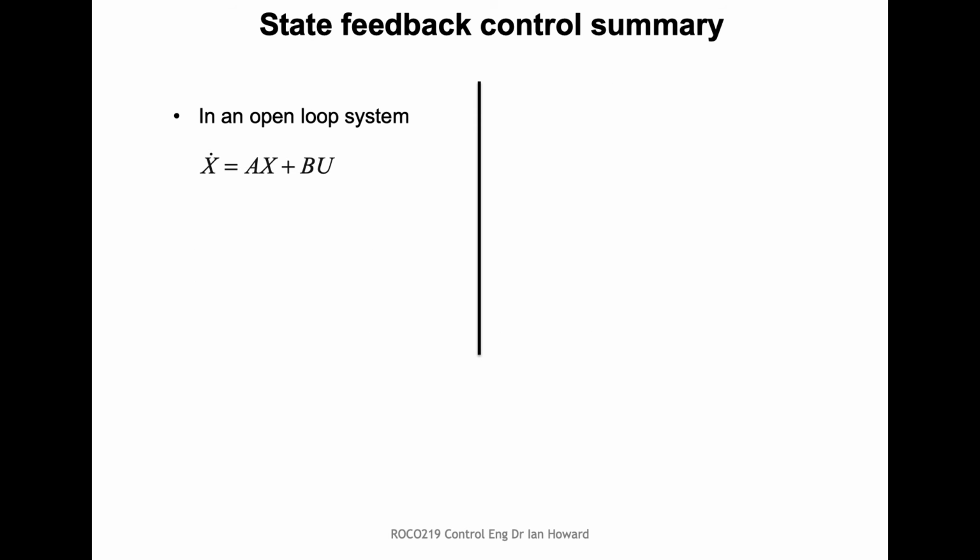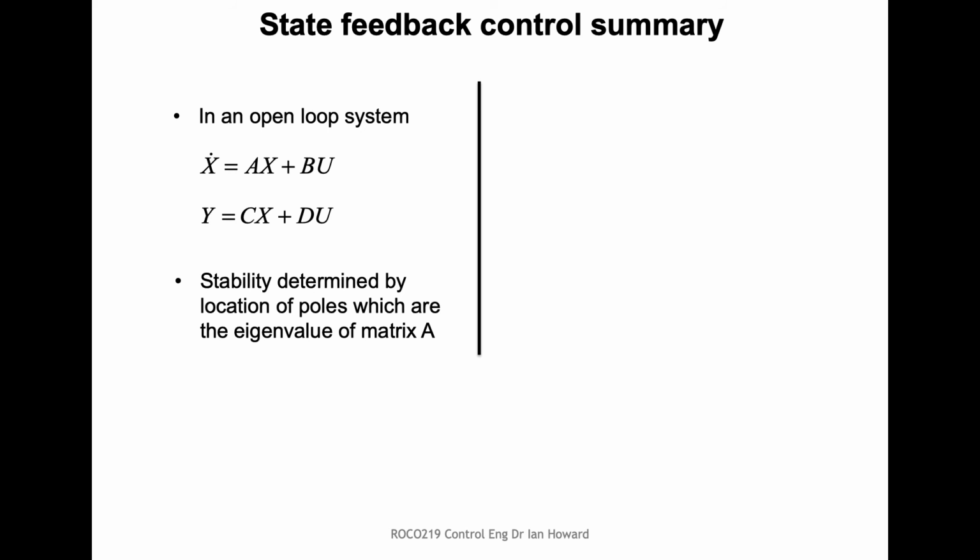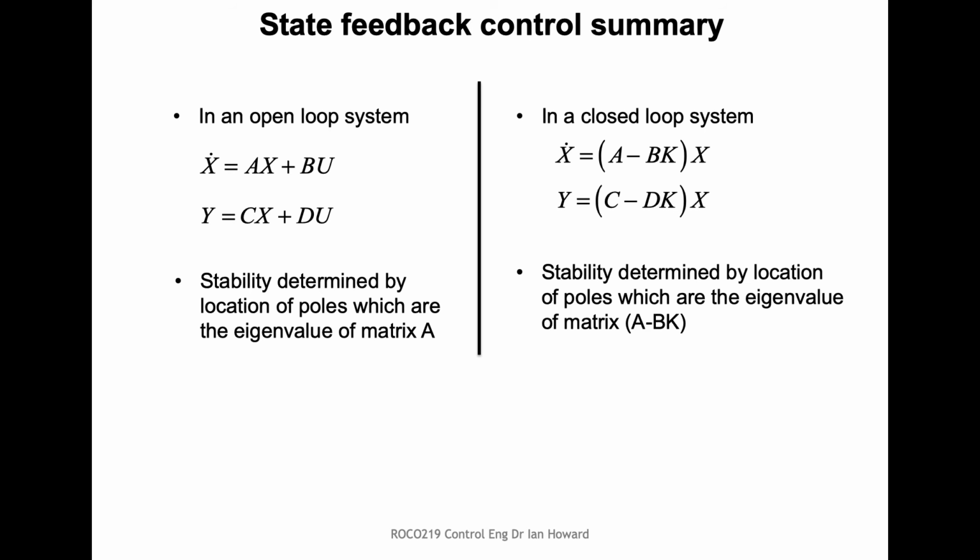So in an open loop system, just to summarise, x dot equals Ax plus Bu, y equals Cx plus Du. Stability is determined by the eigenvalues, the poles, which are the eigenvalues of the matrix A. In a closed loop system, we have the expression x dot equals (A minus BK) times x, y equals (C minus DK) times x.